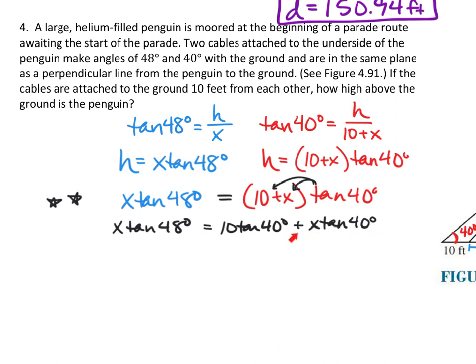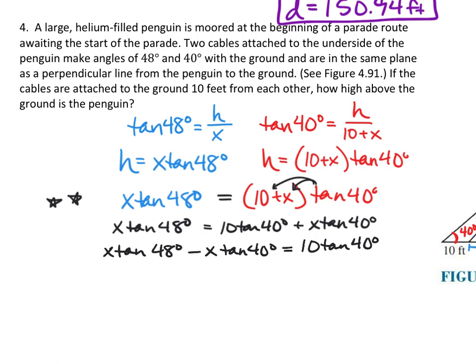Well, right now it's added, so subtract. Okay, so then we'd have x times the tangent of 48 degrees minus x times the tangent of 40 degrees. Those are not going to cancel each other out. Equal to 10 times the tangent of 40 degrees. I've just subtracted it from one side to another.